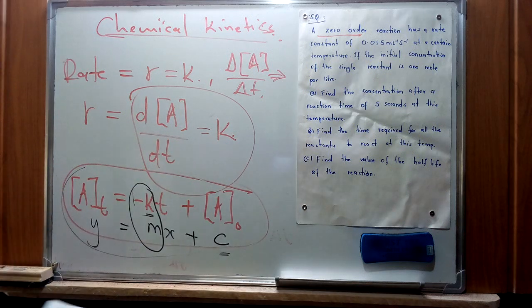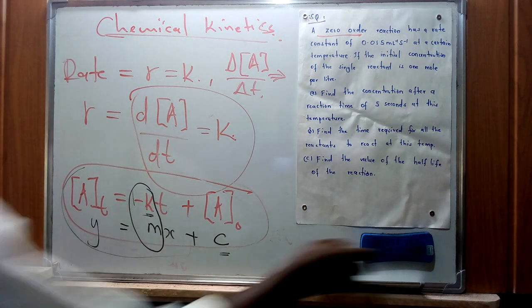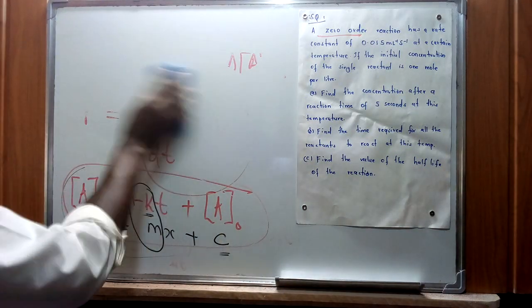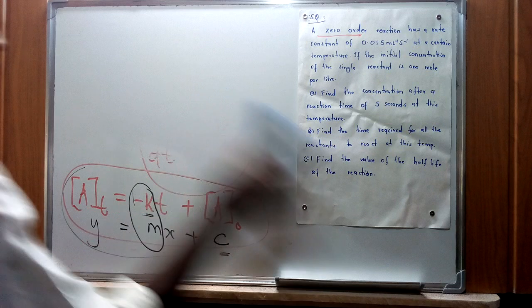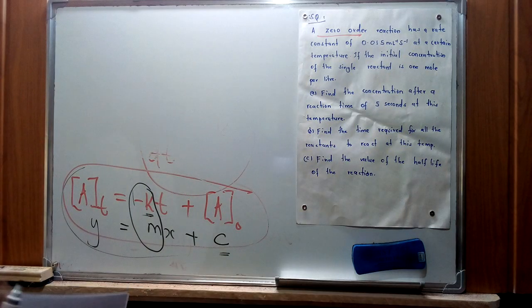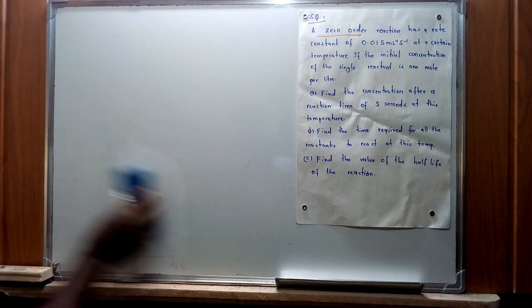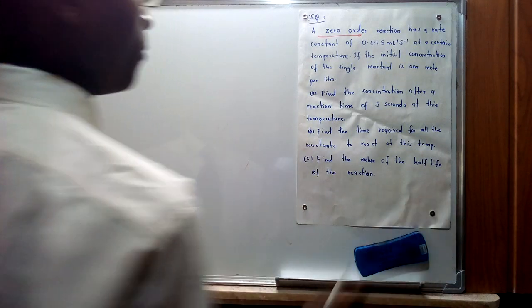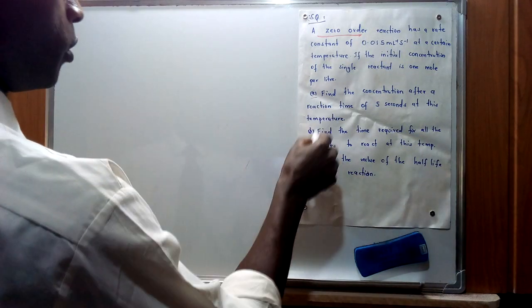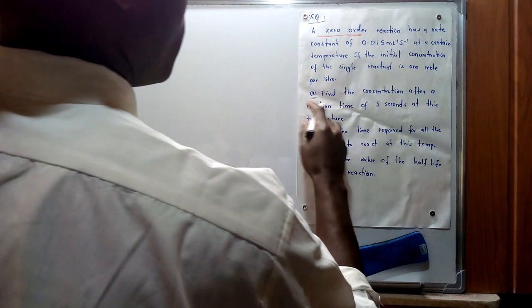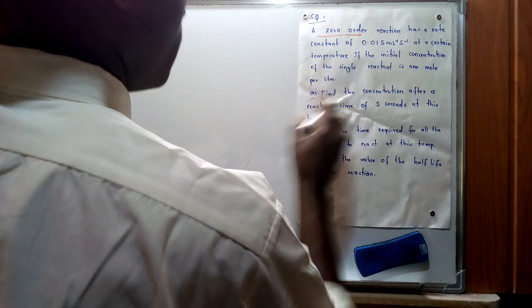So I just state it somewhere, and then I'll just proceed to tackle our question. Before we do that, there's a specific concept which has been mentioned in this particular question, especially for the choices of questions A and B, where it says find the concentration after the time of 5 seconds at this temperature.